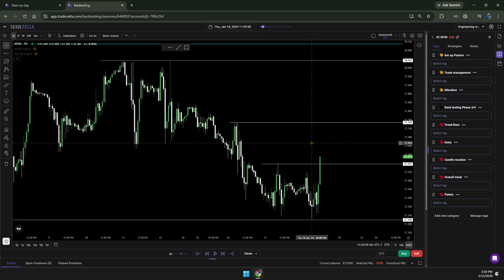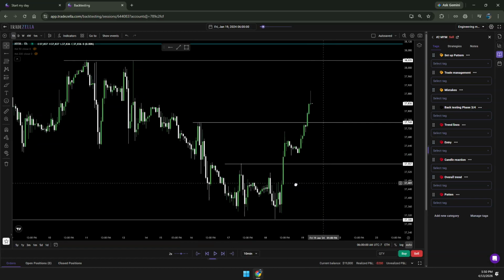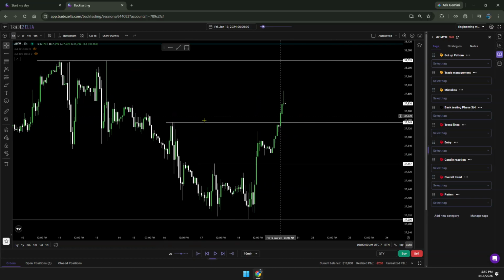Which we're currently breaking. And we're at 11:30, so I'm going to skip that break and jump to the next day. So now I got a break here of this level. I'm looking for a retest.